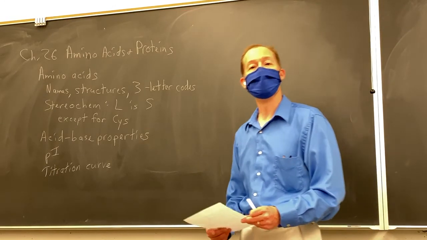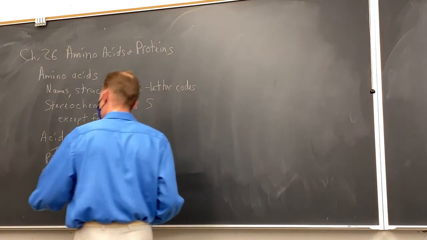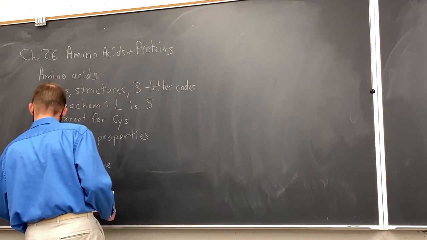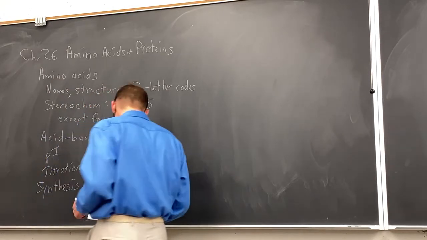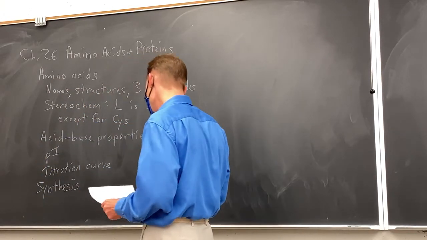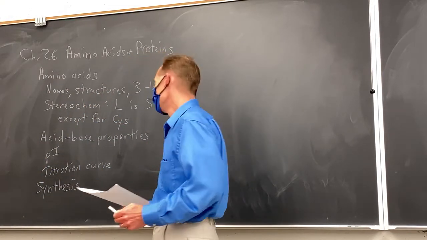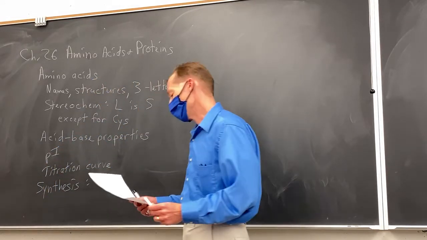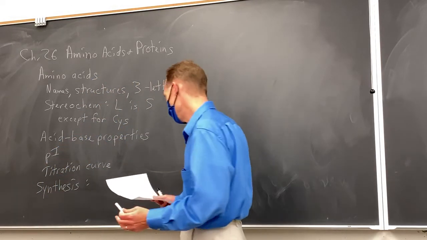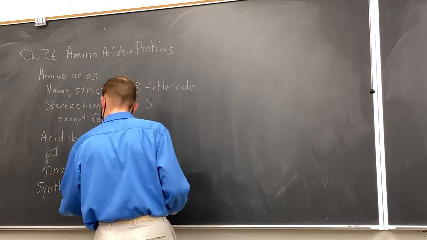So then we moved on to discuss the synthesis of amino acids. And there were some methods that we discussed. There were 3 methods we discussed, which are based on chemistry that we've already learned in class.